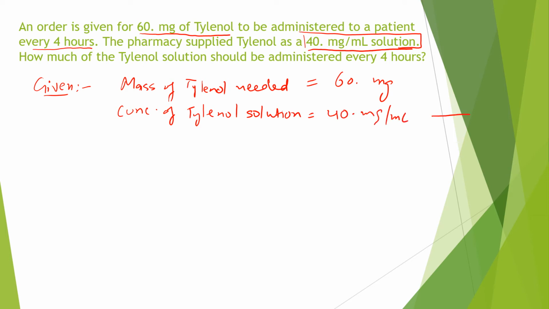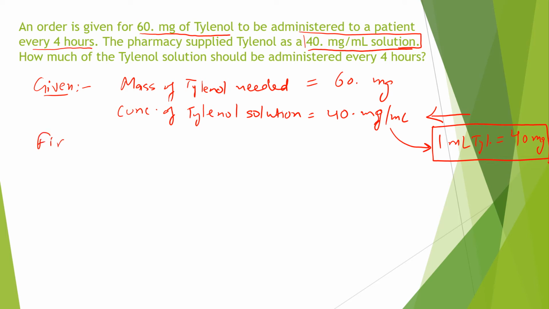So we can use concentration as a conversion factor. From the concentration we can say that 1 ml Tylenol is equal to 40 milligrams. So this is the conversion factor which can be written from the concentration.